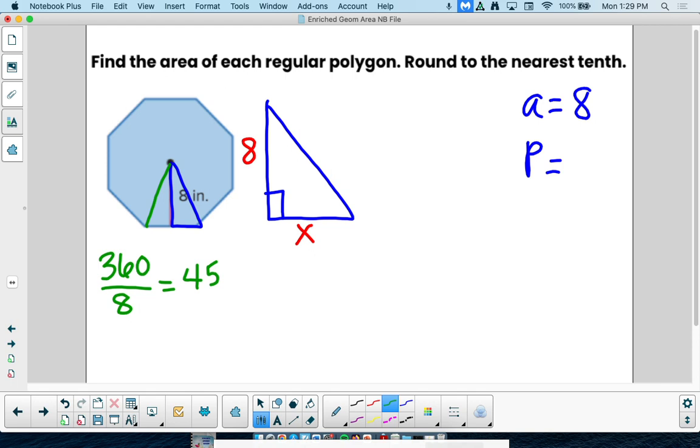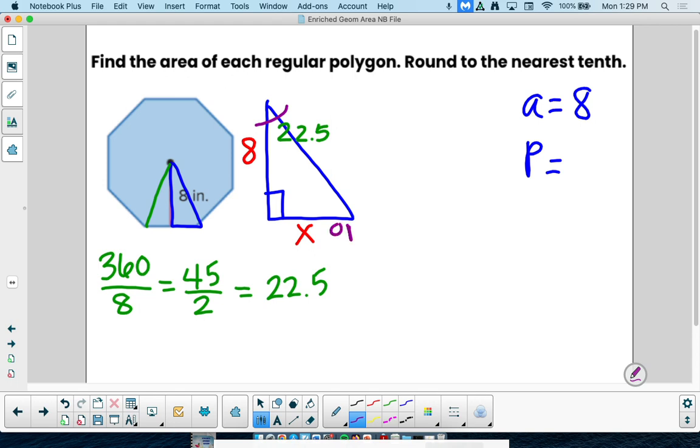Isn't half the perimeter 8, or no? I half wish it was, but it's not. 45 is our big central angle, but we only want half of that, right? 22.5. Is 22.5 a special angle to us? No, so we have to use trig, but that's okay. If you label your sides, what side is x?